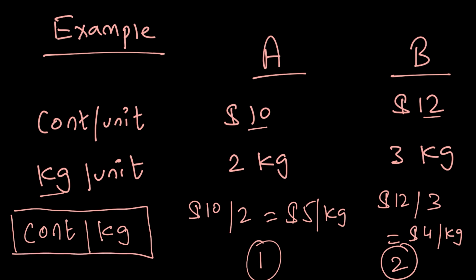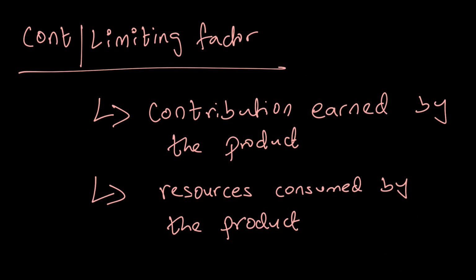This metric that we just developed, contribution per limiting factor, is essentially doing two things. Number one, it's comparing the contribution earned by the product, how much that product earns, versus how much of the resource has been consumed by the product. Based on this, a firm can decide which product to prioritize over the other products.